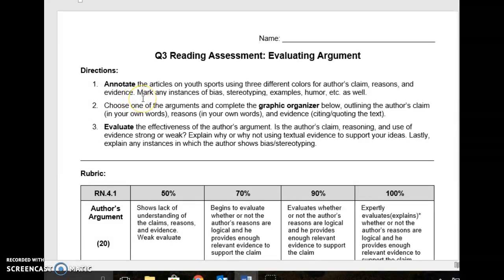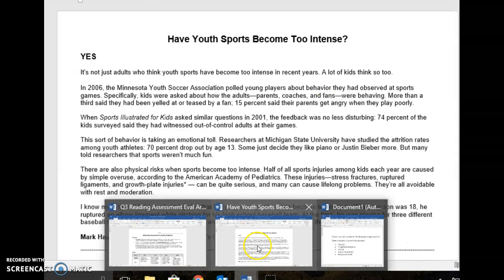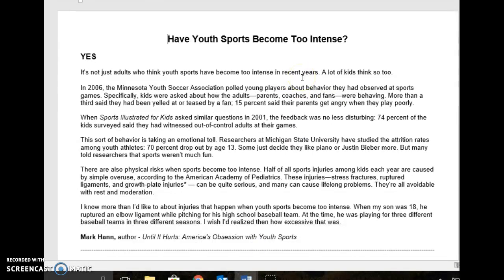On top of those 3 colors, you guys should also be marking any bias, any stereotyping, any extra examples or humor or whatever else the author is using in the article. So if you flip over to your article, Have Youth Sports Become Too Intense? One of the articles is titled Yes. This whole section is 1 article.